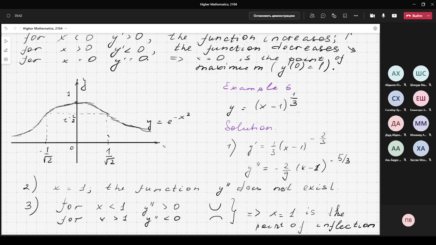It will be noted that for x equal to 1, y prime equals infinity. The curve at this point has a vertical tangent.